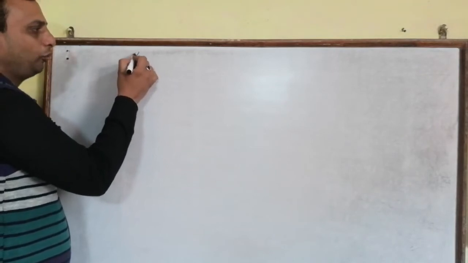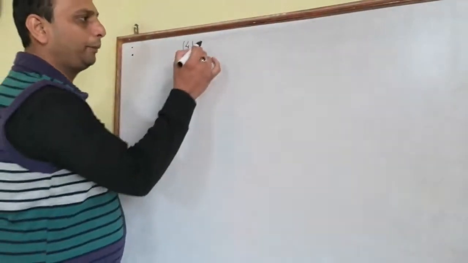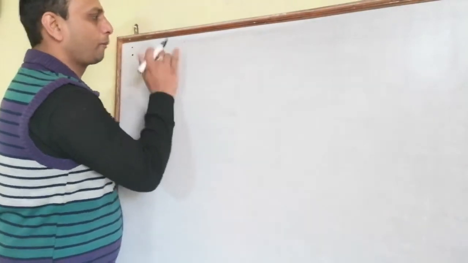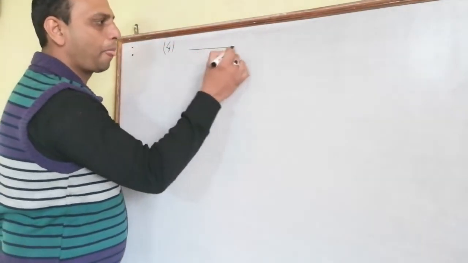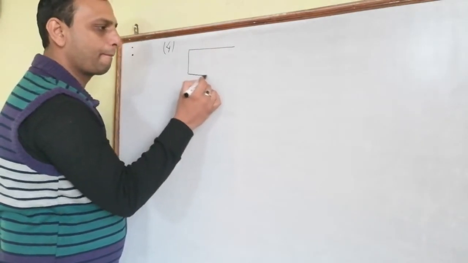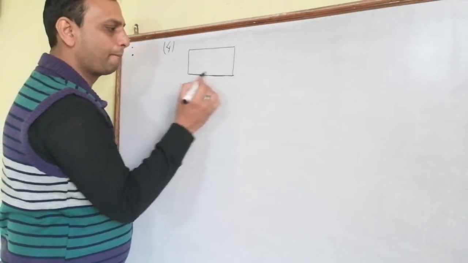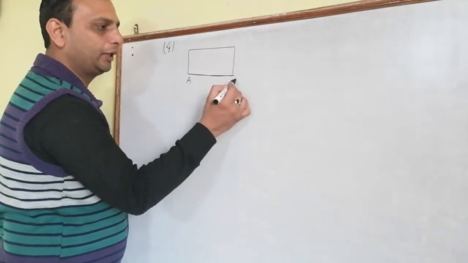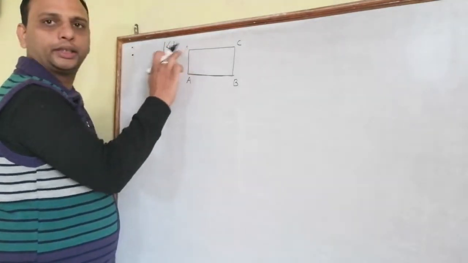This is question number 4. So I am making one figure here. ABCD, you have to consider it is a square. ABCD is a square.